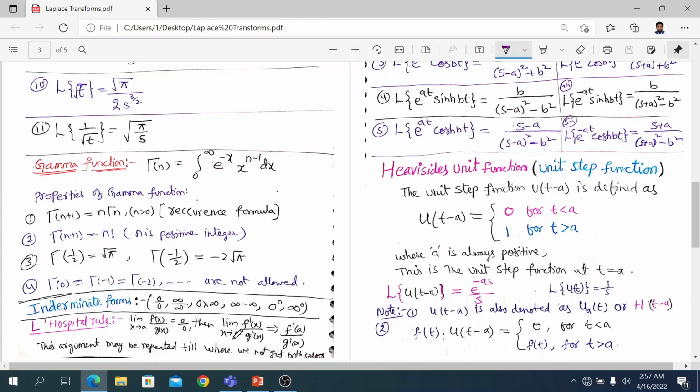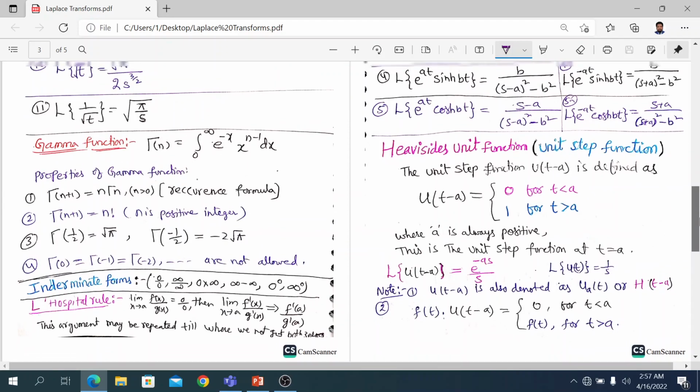So limit x tends to a of f dash x by g dash x. After that apply f dash a by g dash a. Here if you get the answer, okay, otherwise this process may be repeated till we do not get 0 on both sides. Okay, so this is regarding L'Hospital rule.